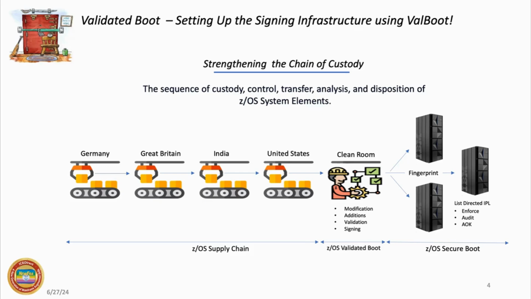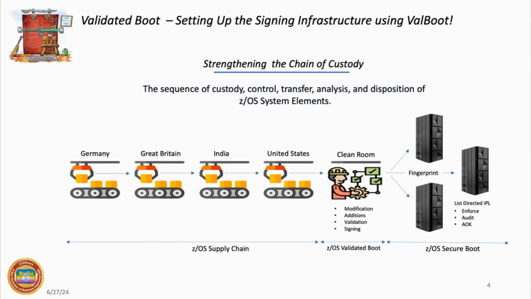That is, you're going to sign all of the elements. You're going to give them specific fingerprints, and you're going to pass them on for a new form of IPL, which is referred to as a list-directed IPL, where this operating system can enforce or audit or say everything's okay with those components relative to that particular fingerprint.